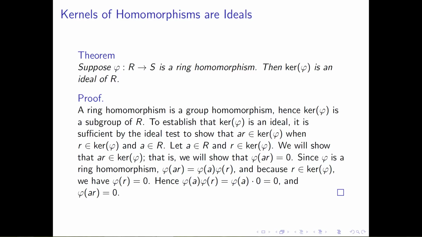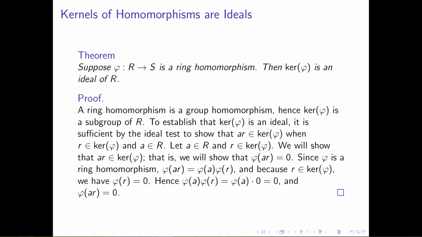So let's do the proof right here, but let's talk through a few things. Again, remember that ring homomorphisms are group homomorphisms. So we already know that when we have a group homomorphism from a group R to a group S, then the kernel of that map is a normal subgroup of the original ring R. So here, in order to show that the kernel of phi is an ideal of R, we want to use that ideal test that we discussed in a previous video.